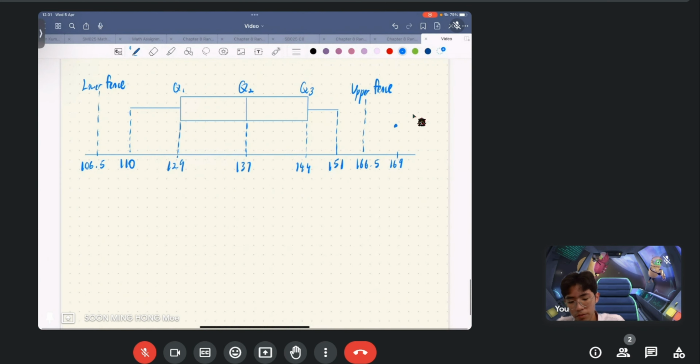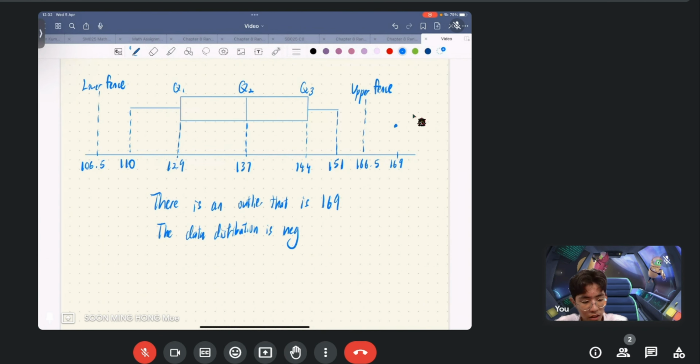So we can write here: there is an outlier that is 169, and we can also add the data distribution is slightly negatively skewed. Okay, so that's all our presentation. If there is any question, you can put below in the comments, and that's all. Thank you.